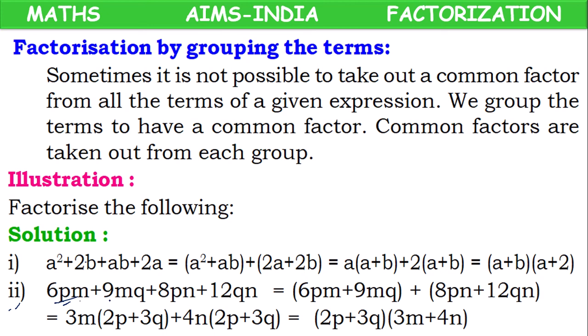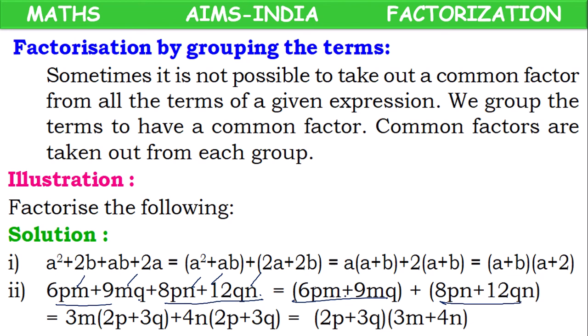6pm, 9mq, 8pn, 12qn. We have four terms like this. In the first two terms, we have m here. These two are one group. In the next two terms, we have n here. We can take them into one group.